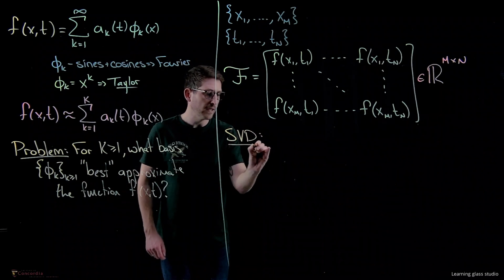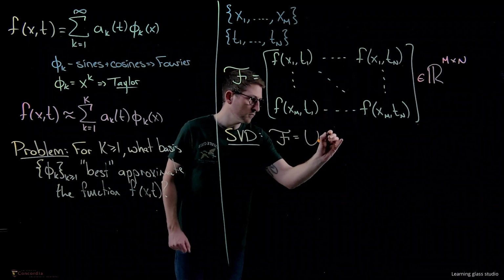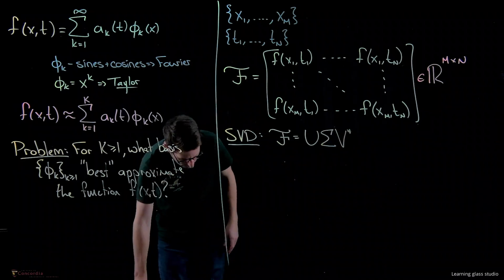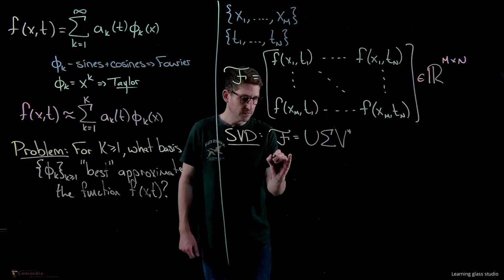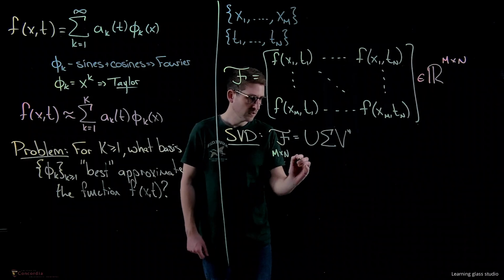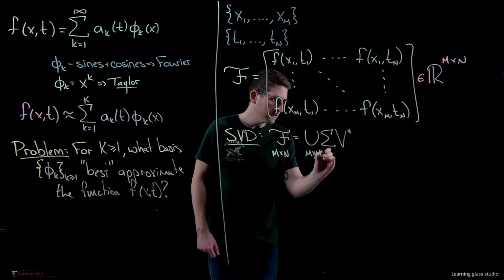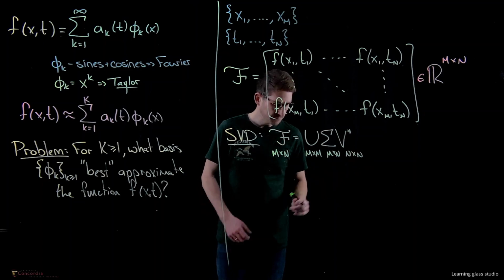And I'll show you why this is interesting. Let's take the SVD, so remember it's U sigma V star. And the first thing that we'll do is a little bit of accounting. Let's take dimensions. This is an m by n matrix. That means that U is an m by m matrix, sigma is an m by n matrix, and V is an n by n matrix.